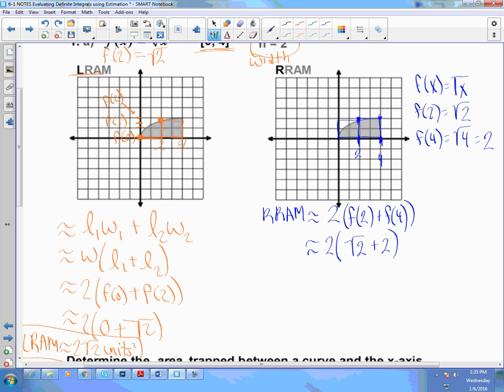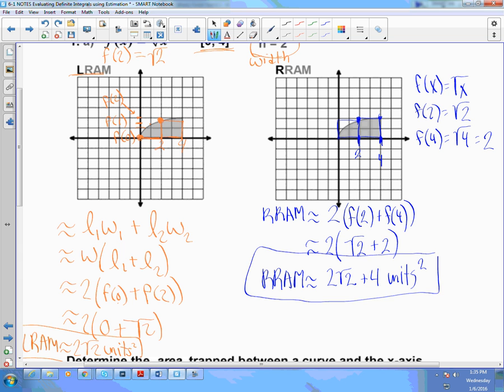Okay, so what's our right rectangular approximation? 2 root 2 plus 4 units squared.